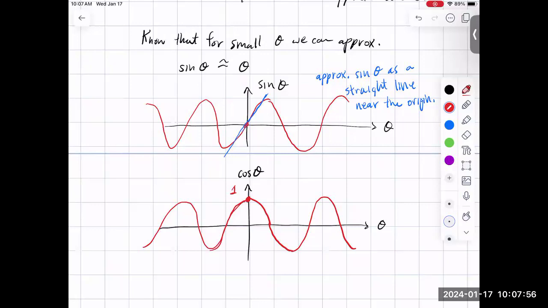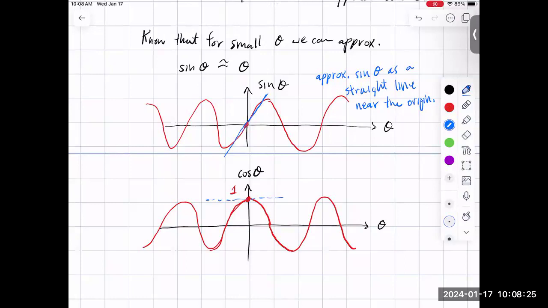So if you look at that picture of cosine theta, what would you approximate cos theta as if you're going to restrict yourselves to only very small values of theta? So 1, right? That's exactly right. In fact, what we can do is draw a tangent line to the cosine function when theta equals 0.